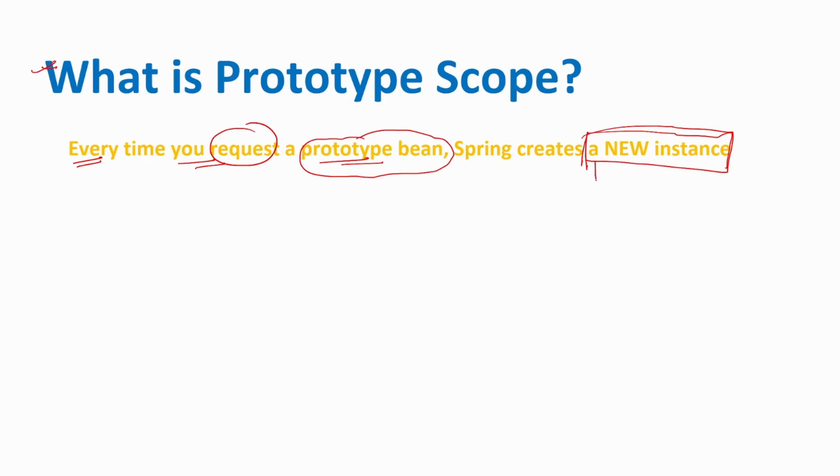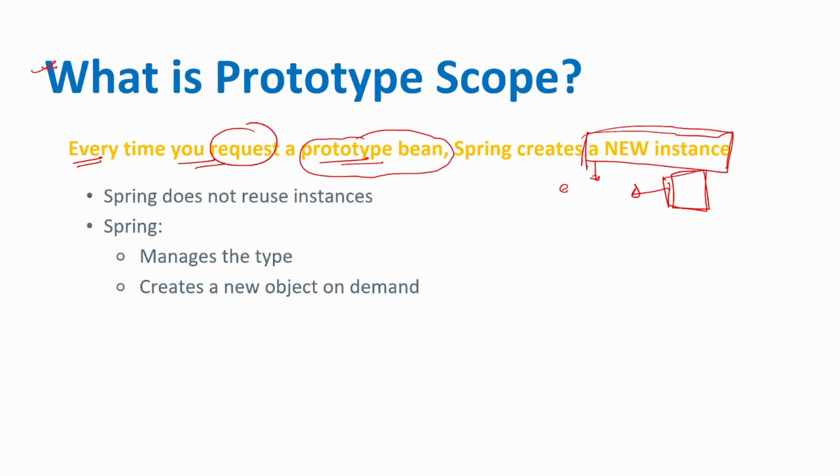There is no single instance stored in the Spring context. Every time we request the bean, Spring creates a new instance. Spring does not reuse the instance; it only manages the type and creates a new object on demand. So let's see it with the help of one example.